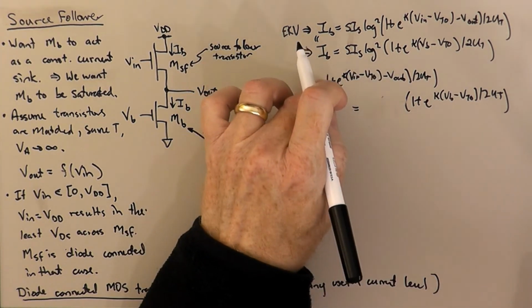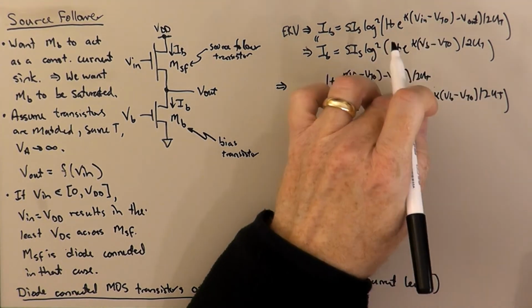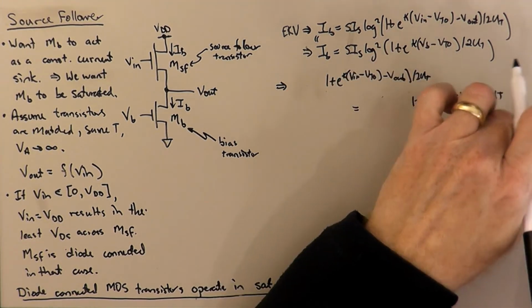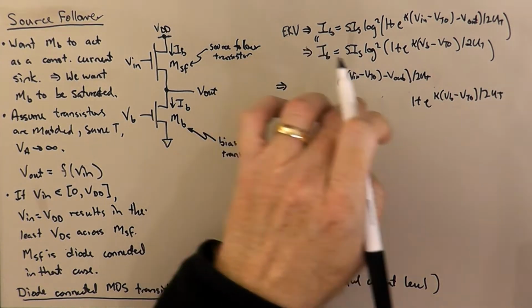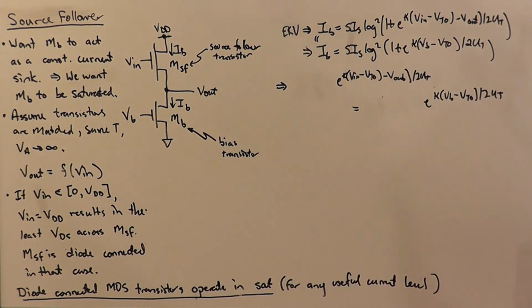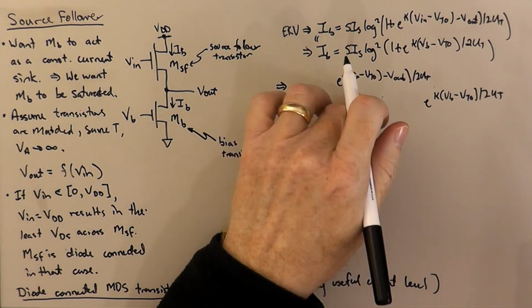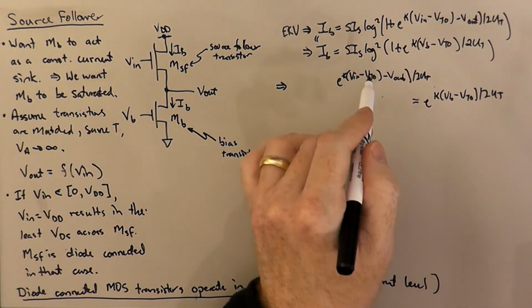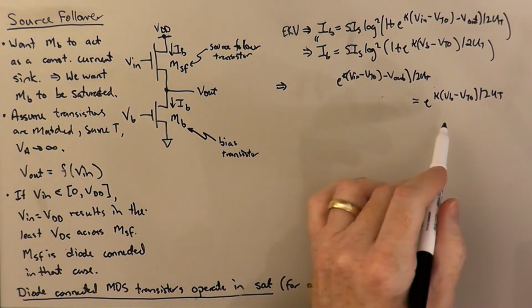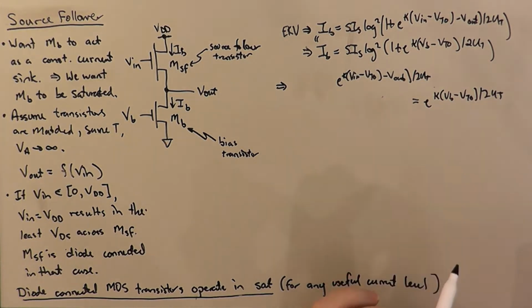You can drop the parentheses, and we can subtract 1 from both sides. And we're left with e to the kappa this stuff minus this stuff over 2UT equals e to the kappa VB minus VT0 over 2UT.